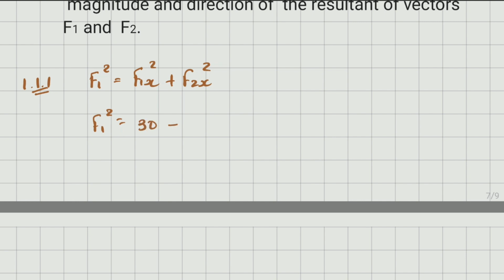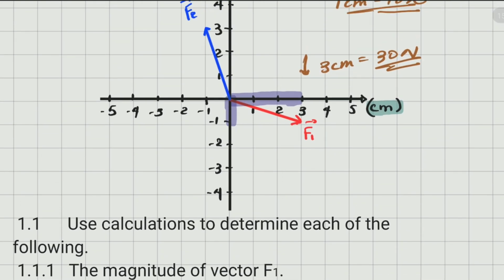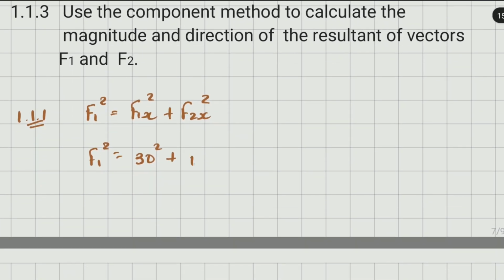Note it is 3 there, but we are working with newtons, and that was the first thing I did right there. So 3 becomes 30 newtons. So 30 newtons squared plus 10 newtons squared. You don't have to substitute the minus, because when you multiply by the same number, the answer will be positive. So F1 squared will be equal to 1000.